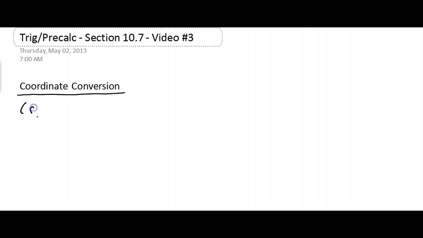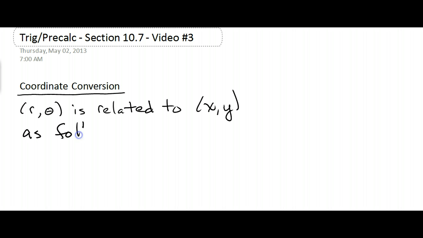So r comma theta is related to x comma y as follows.